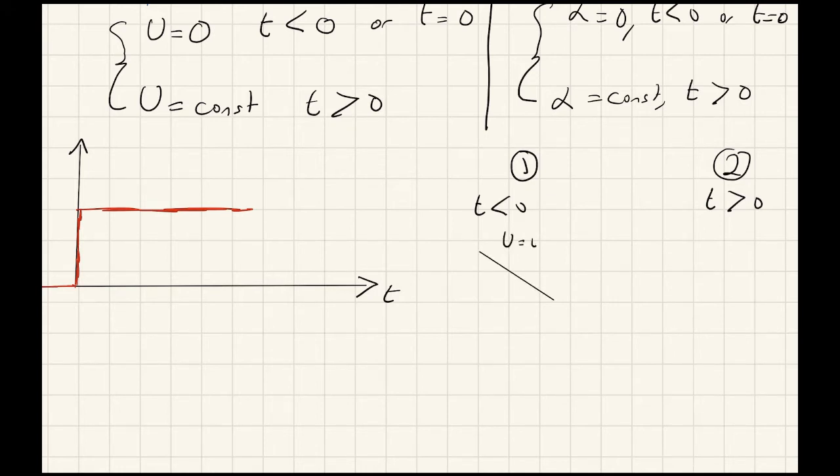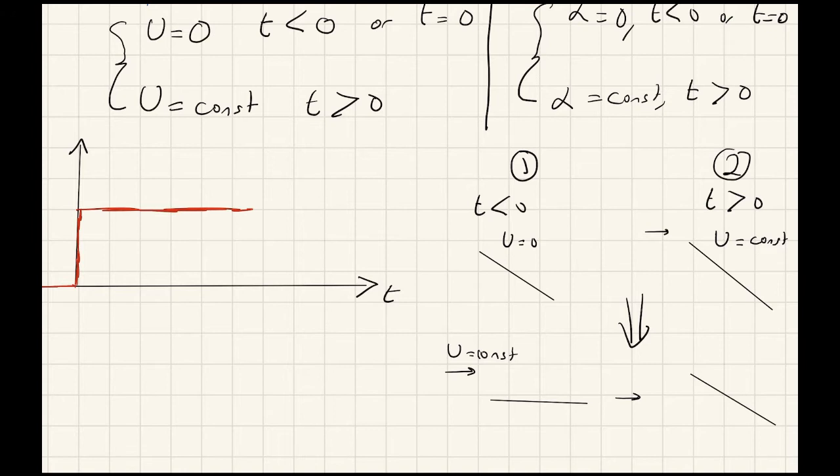A wing at U equal to 0 for time less than 0, and then at t equal to 0 suddenly starts moving at some constant velocity, this is equivalent to a wing that is moving at that constant velocity, U equal to a constant, but at angle 0, and then suddenly once t passes the 0 mark, the wing immediately pitches at a constant angle of attack at that same free stream velocity.